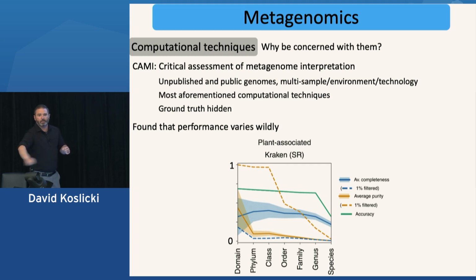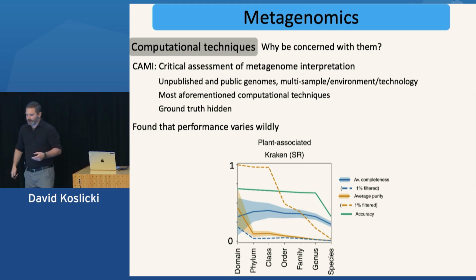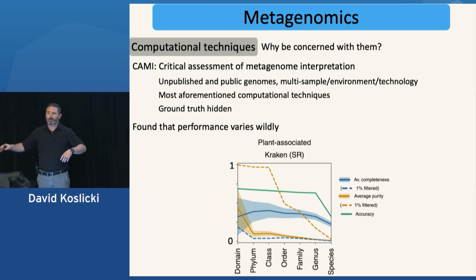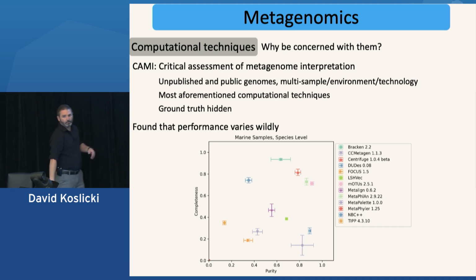But if you throw away the low abundance ones, that 1% filtering right here, then your purity goes up, but your completeness just dives down. And this actually motivates why people should not use Kraken for bacterial taxonomic profiling. That's what Bracken is for, right? And that's built on top of Kraken. But even then, as we saw, Bracken in this case right here, our best tool would be up right over here, so there is still room for improvement in these.